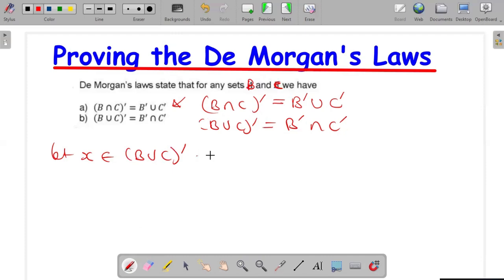So it's in the complement. But what does this imply? If X is a member of the complement, it means X is not a member of B union C, because it's in the complement. So it can't be in B union C. So it follows, you could write it follows, or you use the implies symbol again.